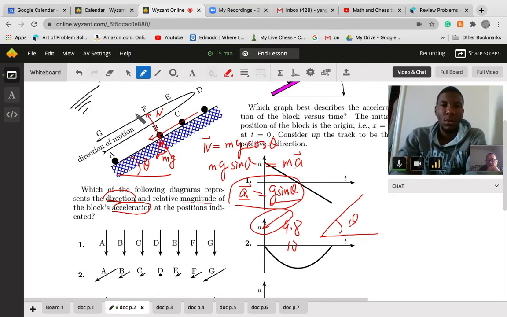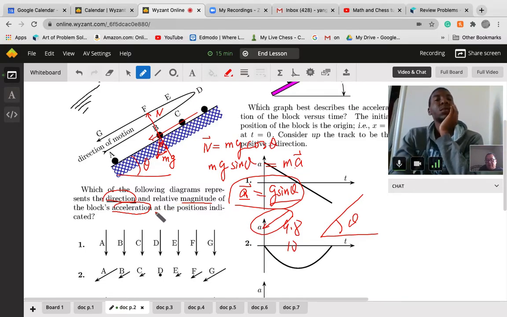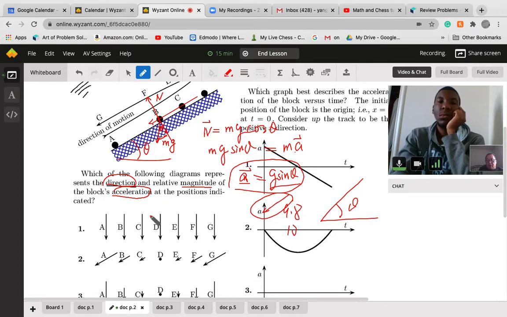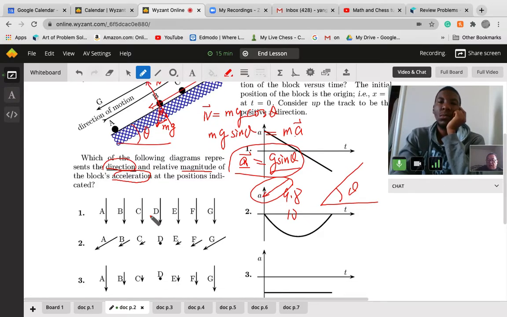So relative magnitude of the block's acceleration at the position. Okay, wait, that will be different.